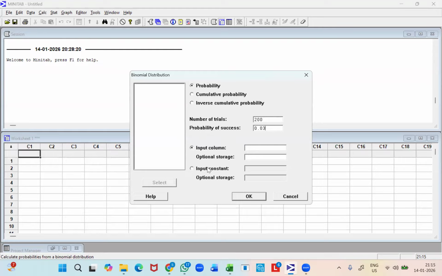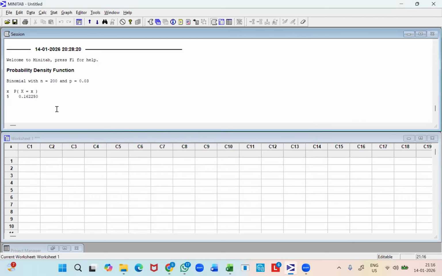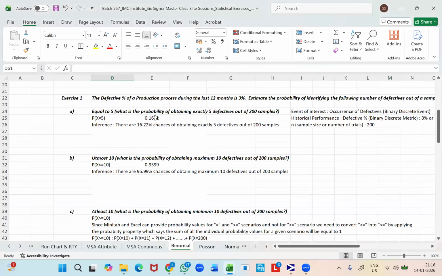And then since we need to obtain the probability for one single value, we can choose input constant. And here we would provide the X reference value for which we are estimating the probability. So getting five defectives, the input constant will be 5. And then we need to click OK and get the answer 0.1622.